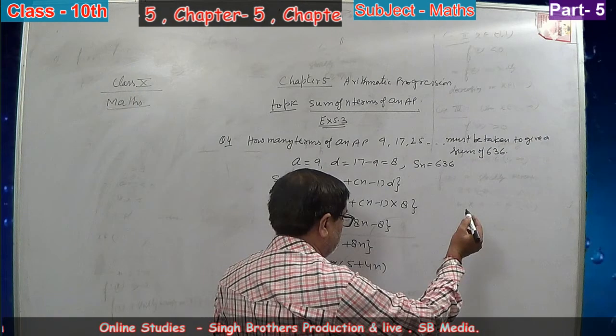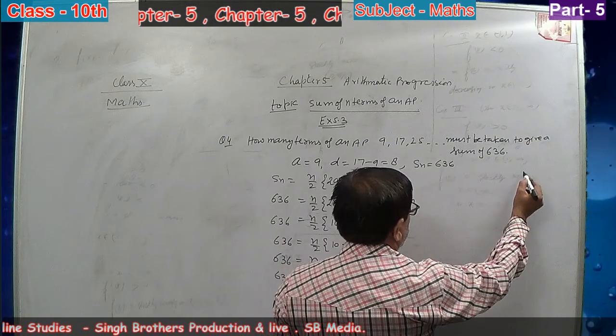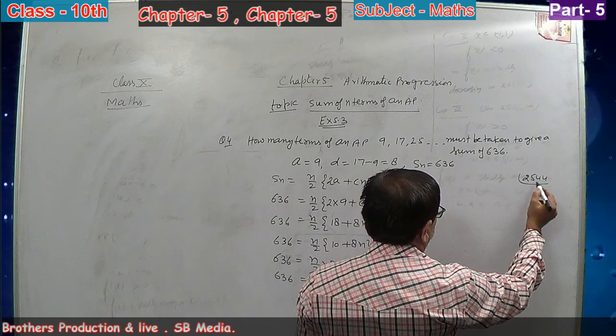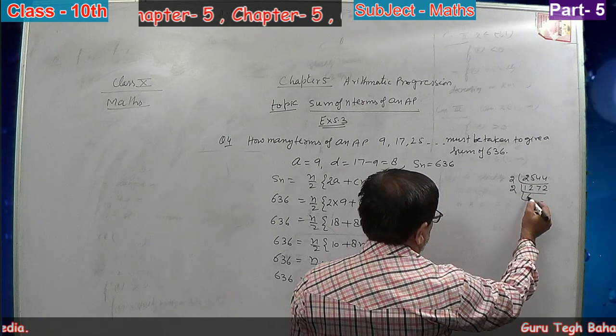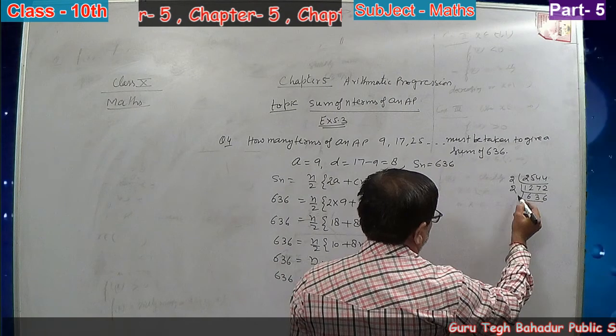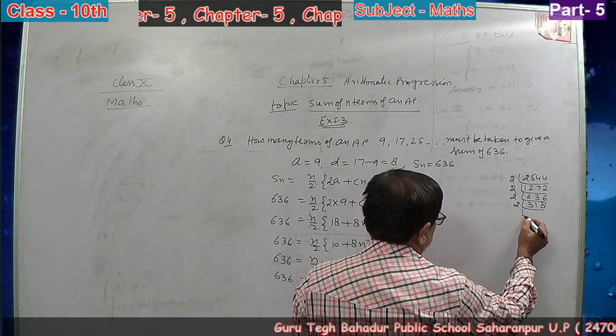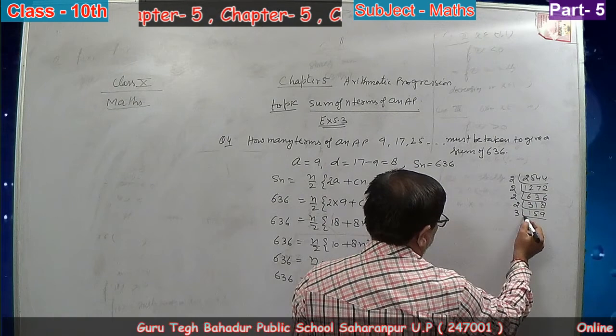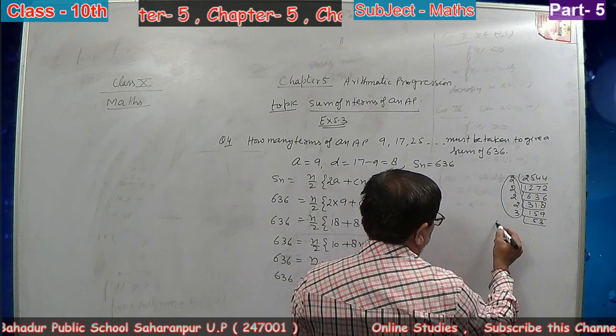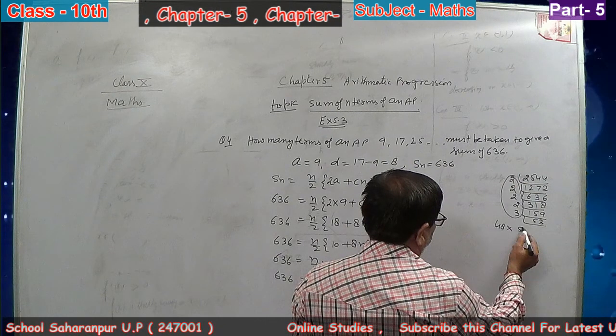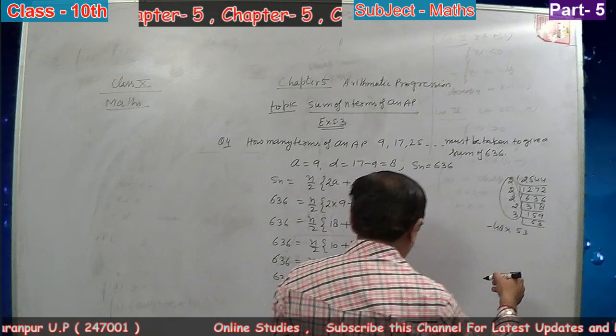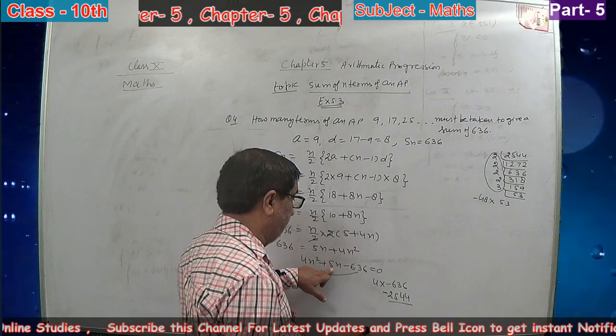Splitting 636 into its factors, this is 48 and this is 53. Minus 48 plus 53 will be the factors whose sum will be 5.